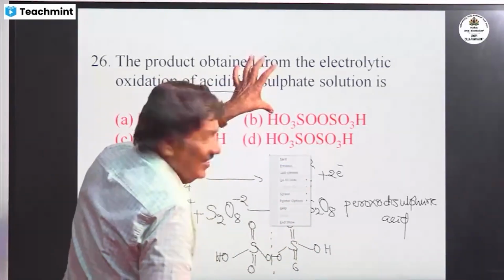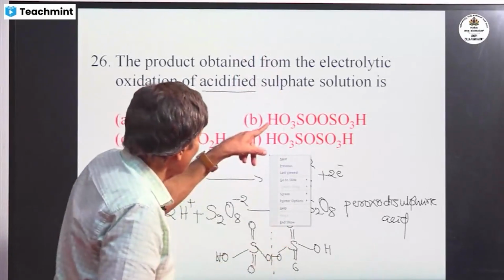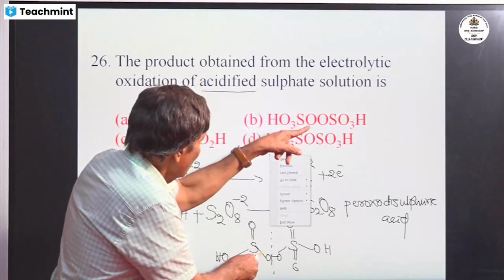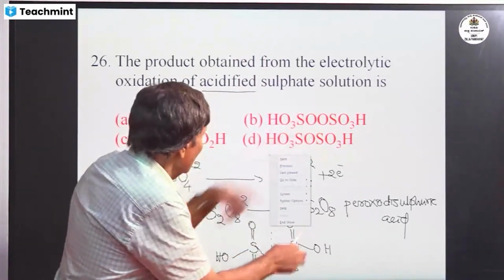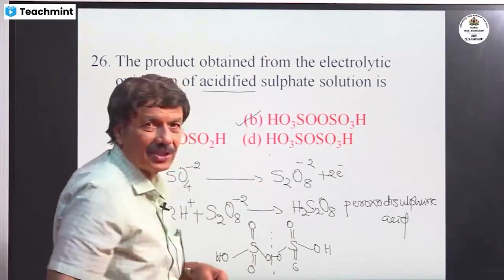This is correct, no? In between, two oxygens are there. HO3S, O, O, SO3H. This is the right answer. Option B is the right one.